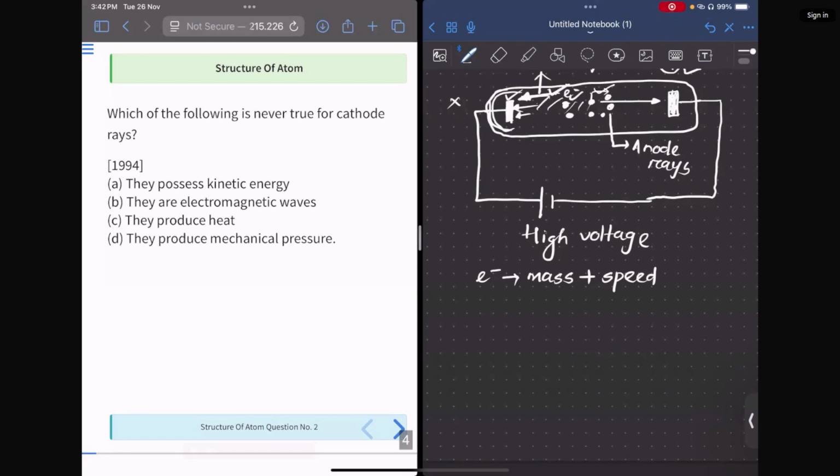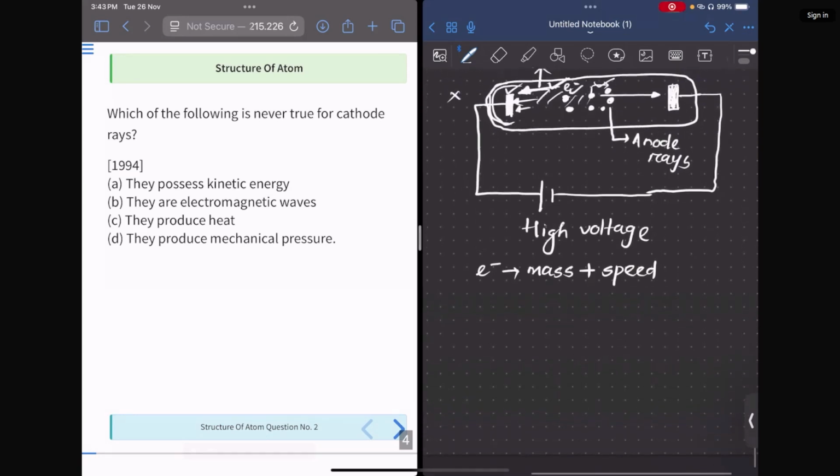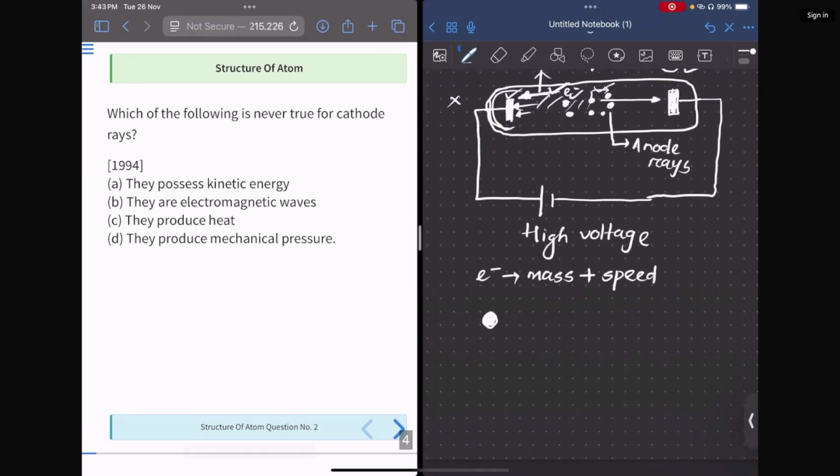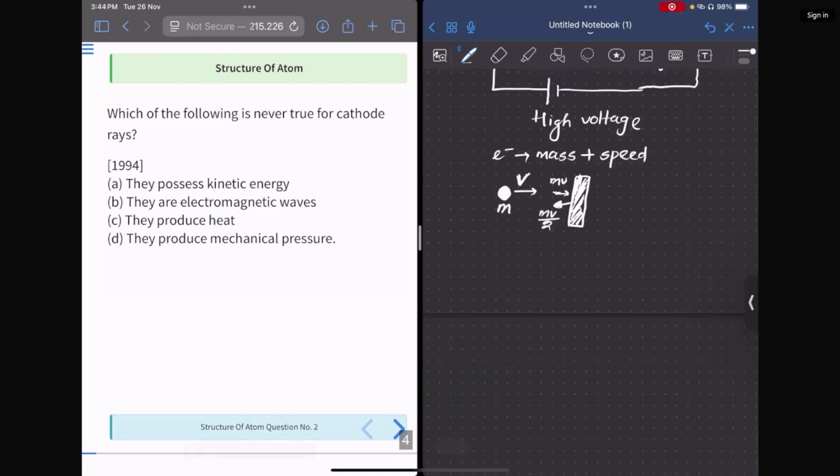They produce mechanical pressure. When does a particle impart pressure on any surface? Let's assume it is a mass m and it is a wall. When it bombards the wall, it exerts some force on it.